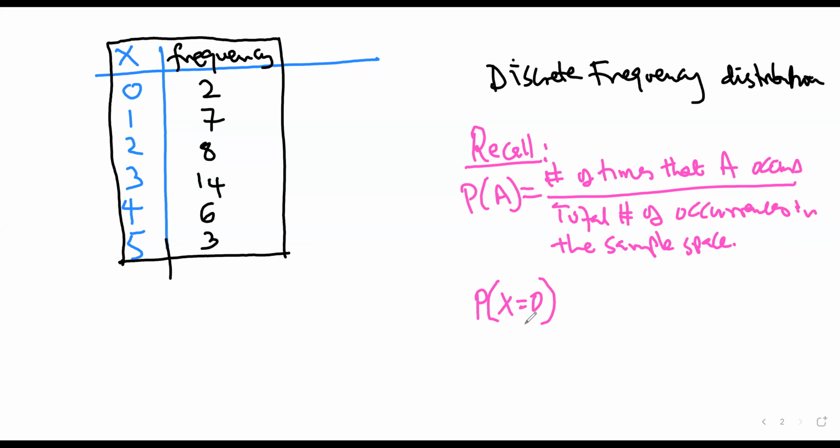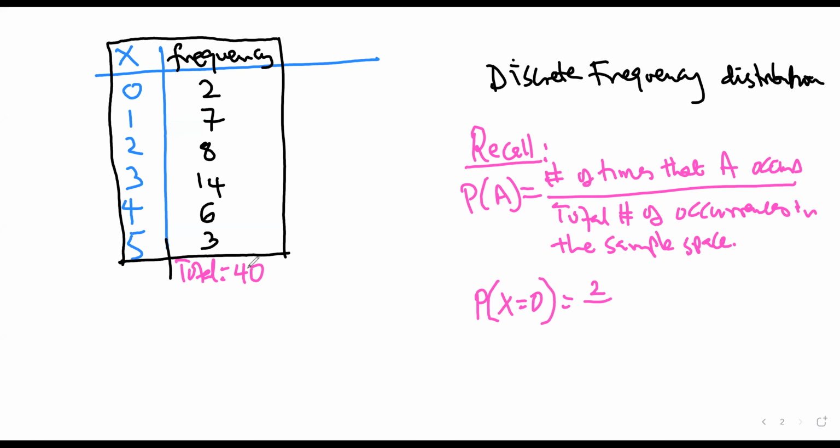If you want to find the probability that a given family has no children, you just come to the data given here and you check the number of times that X is equal to 0 appears. And in this case, it is appearing twice out of, so we need to get this total here. If you sum up these values, you'll get 40.